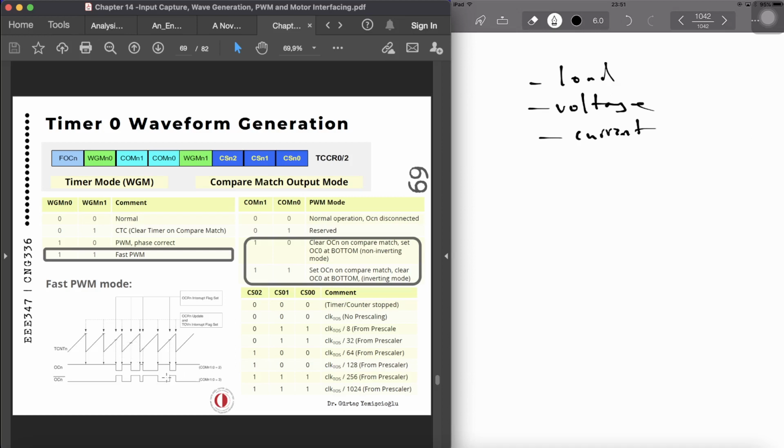But in the inverting one, when the value of OCR increases, which is like this one, the duty cycle of the generated wave decreases. So we have to be careful on that when we are doing designs.